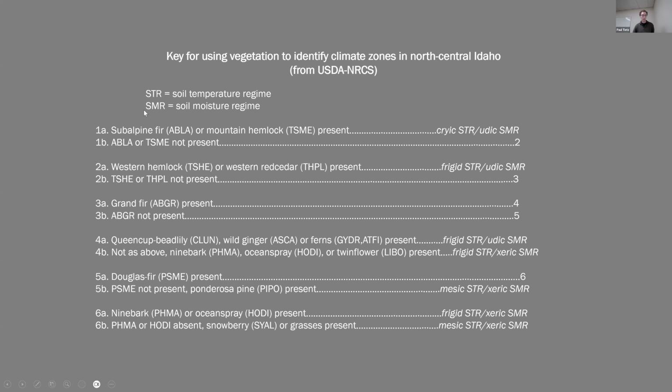And then working through the list, if you have grand fir present, you're probably in the frigid temperature regime, in either the udic or the xeric, based on some of the other understory plants that might be present. Doug fir. Ponderosa pine's not on here. That's also one of the drier ones.